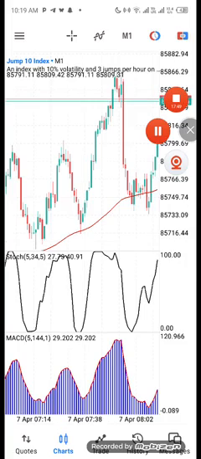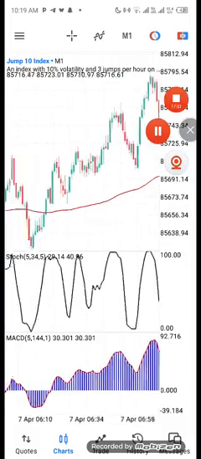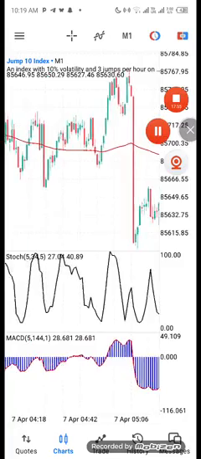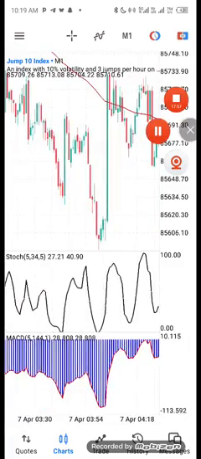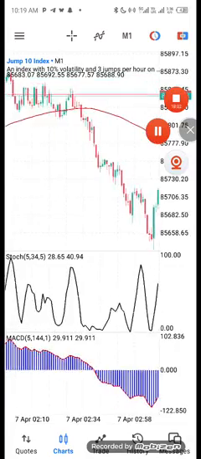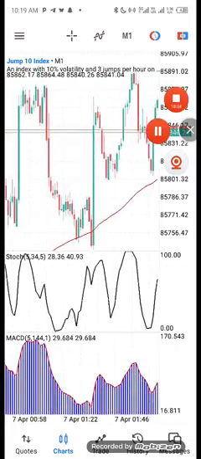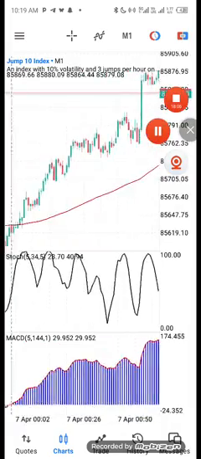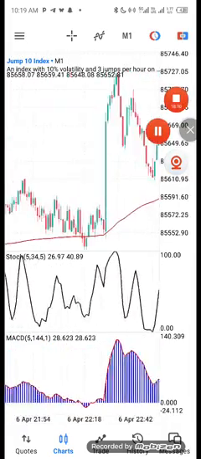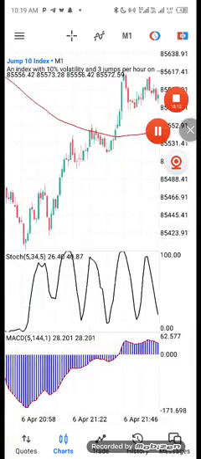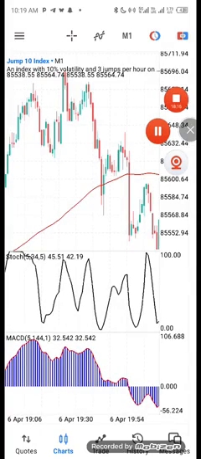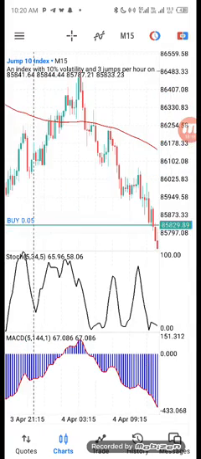So just ensure that it meets the 3 conditions before you place your trade. Don't trade outside the context of the conditions I specify. Don't trade outside the context, because if you do, it's like you are gambling. So just ensure that you have a perfect entry, and that all the 3 conditions are met before you place your trade.